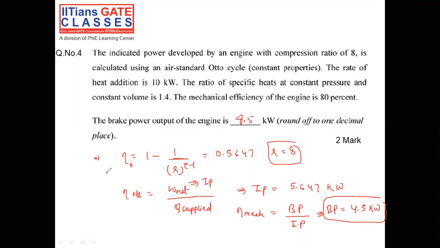Whatever power is available there is called brake power. We have different dynamometers to calculate the brake power in practical conditions. And the formula for brake power is 2 pi NT divided by 60. So that is regarding question number 4, and that is a very simple problem.